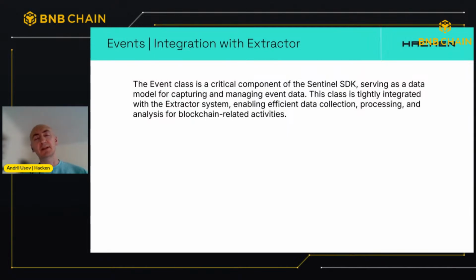That's this time for integration. So let's assume that we already implemented our logic based on transaction detector or block transaction detector, and we detect some issue or incident that we need to report to another system, or store locally, or, in case of integration with extractor, just send it for notification.